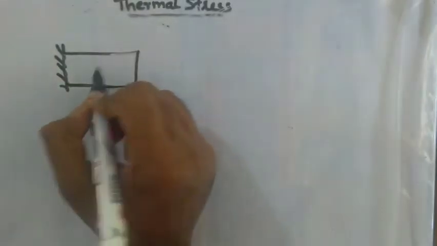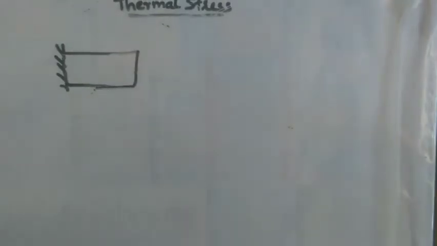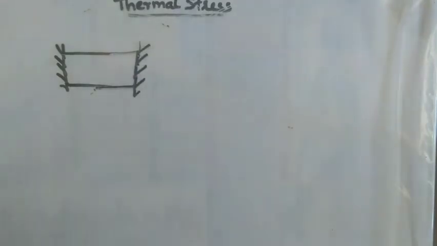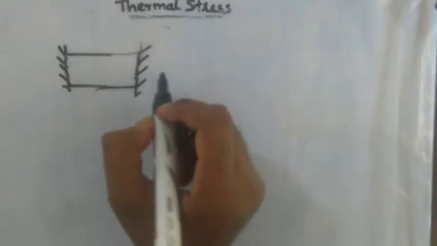Now see, there is a material which is constrained in only one direction and partially constrained on the other end. That means if elongation happens, it moves a little bit. We are applying heat. This end is fully constrained, or fixed.